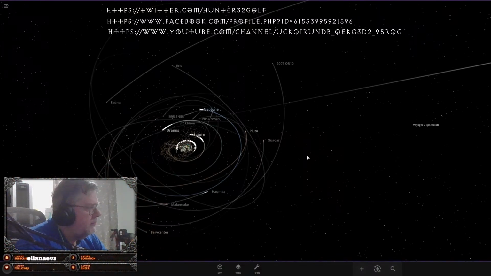Just as the Oort cloud is the origin of long-period comets, it is believed the Kuiper belt is the origin of short-period comets. Comets like Halley's Comet, for instance. It starts roughly at 30 AU and goes all the way to 50 AU.